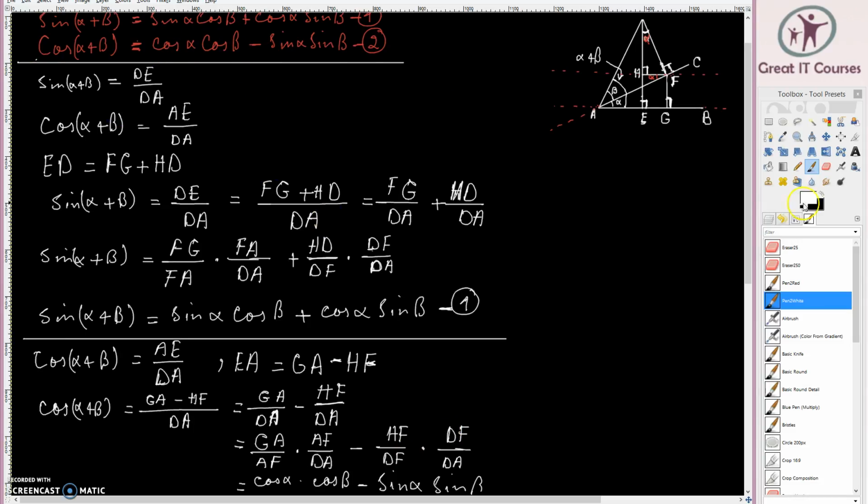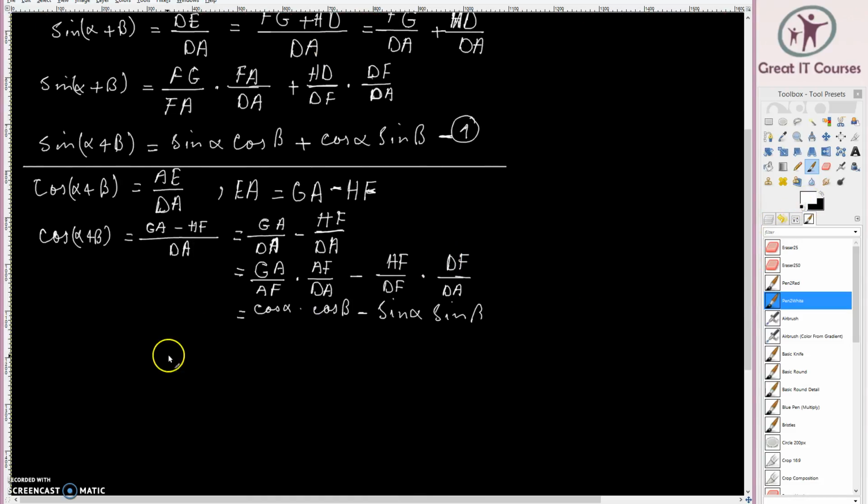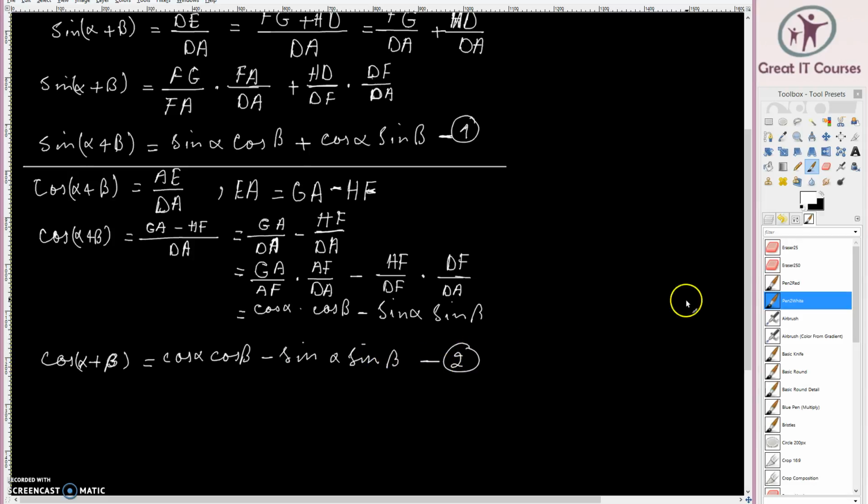So you can write cos alpha plus beta here is equal to cos alpha cos beta minus sine alpha sine beta. And this is equation number 2.